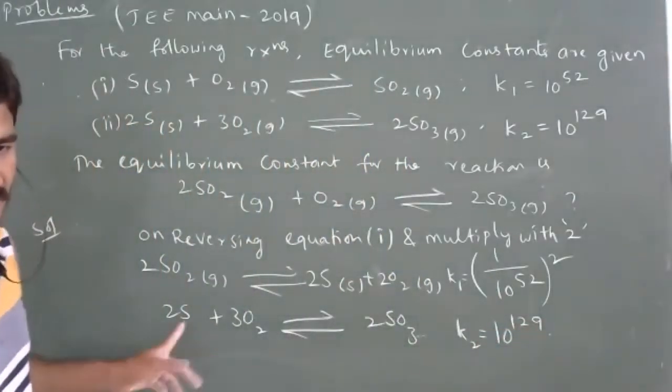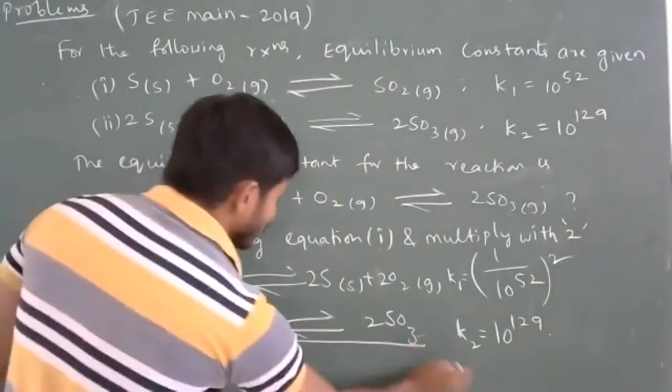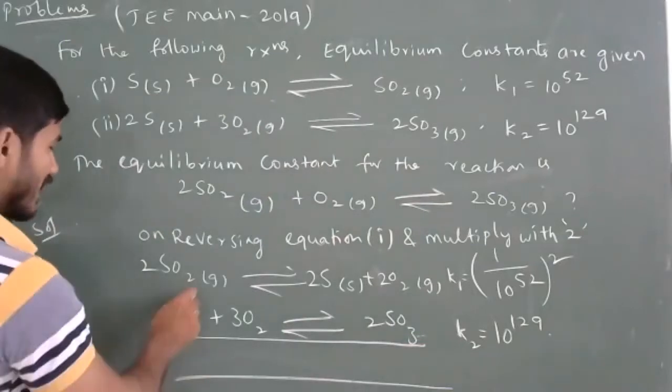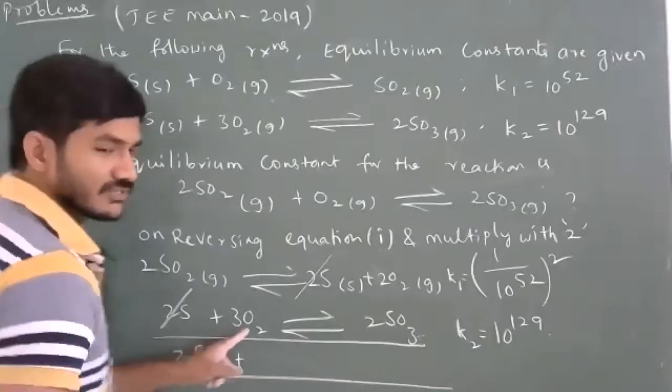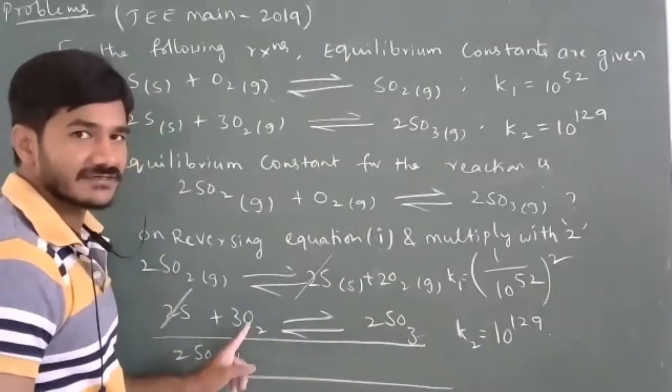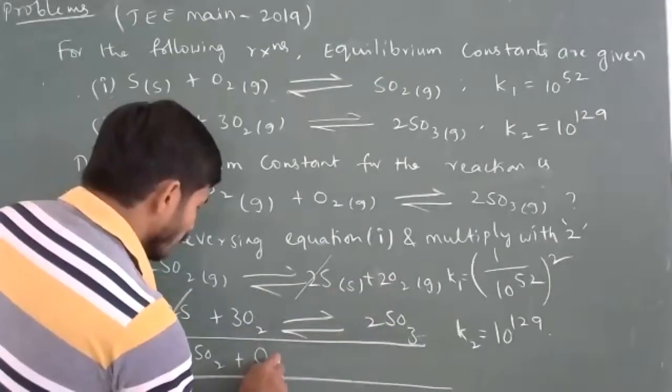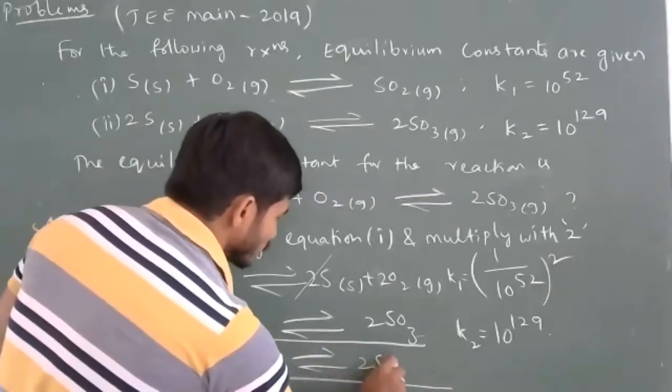Is it clear? Now add the two equations finally. If you add, the 2S cancels. 2SO2 plus 3O2 minus 2O2: 3O2 minus 2O2 gives O2, giving 2SO3.